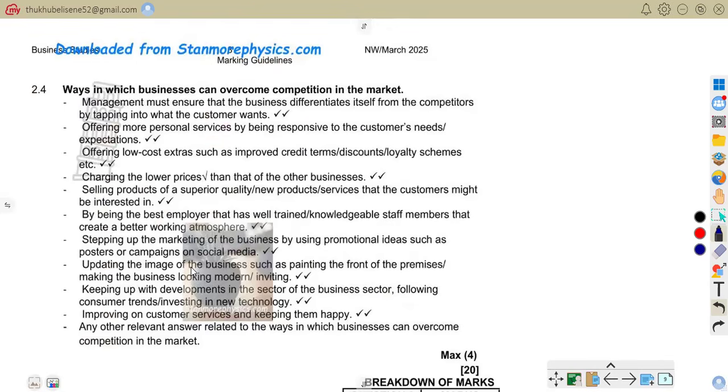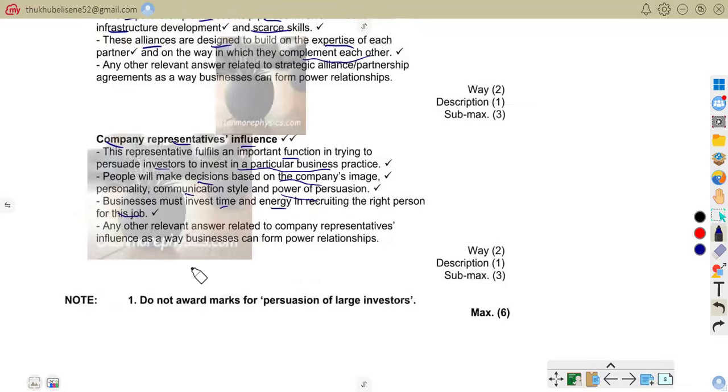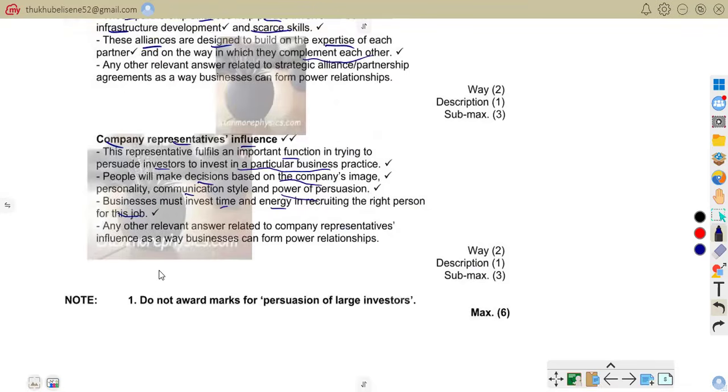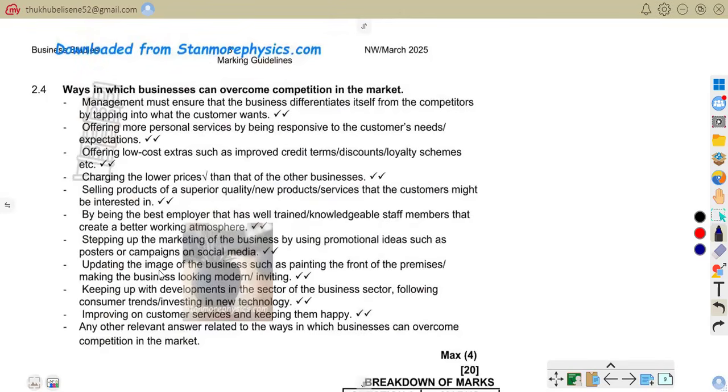So now coming to 2.4: suggest ways in which a business can overcome competition in the market. So let's quickly go to 2.4. Here we are on 2.4.